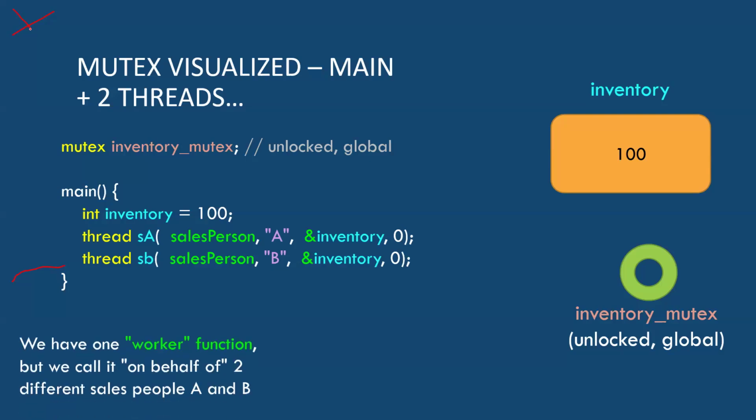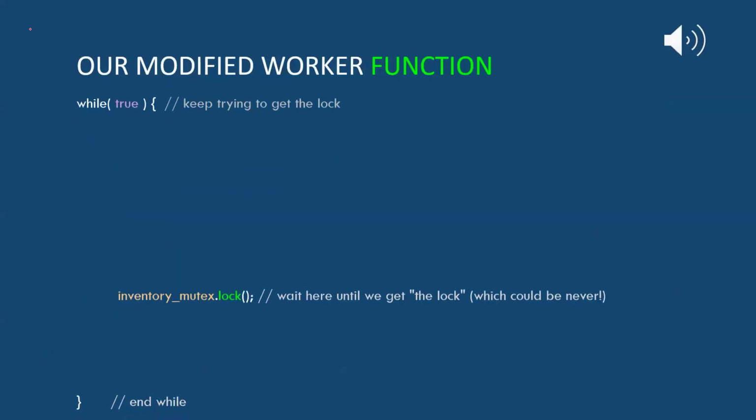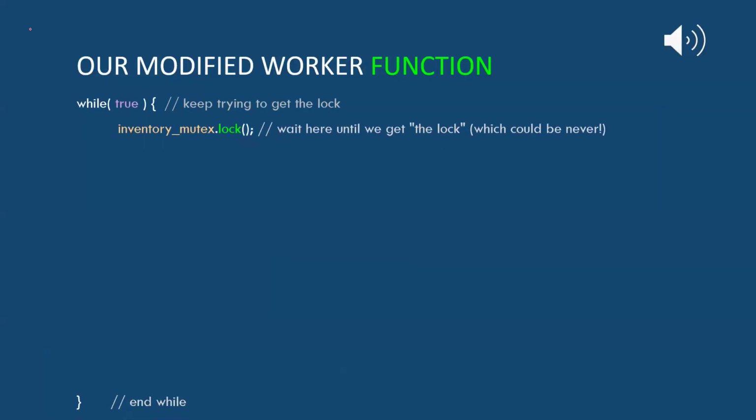But we have the one worker function that ensures that we will follow the same set of rules. We're both going to be checking that same global mutex. So we do that and then we're off to the races. Let's take a look at what our function can look like.